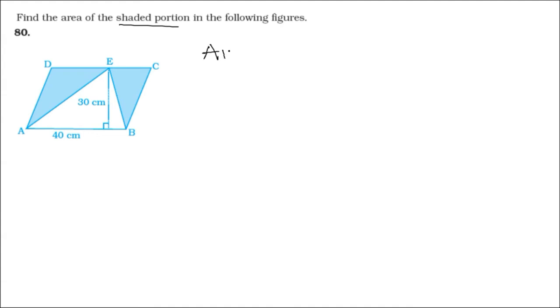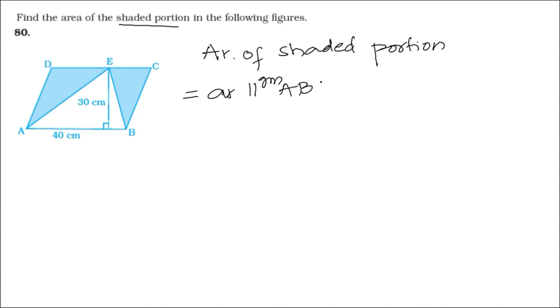So let me mention that area of shaded region or shaded portion is equal to area of parallelogram ABCD minus area of triangle ABE.